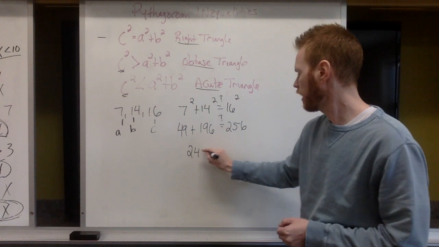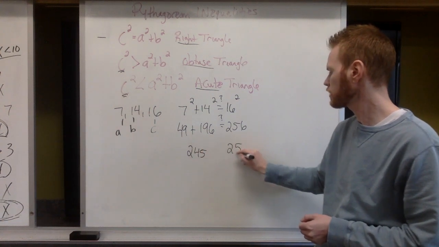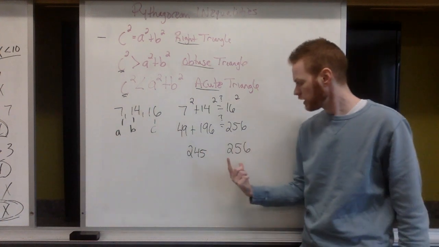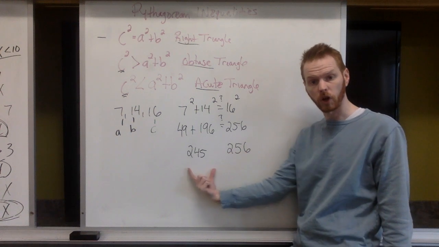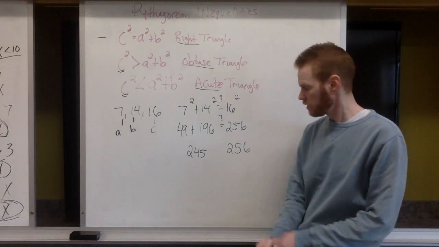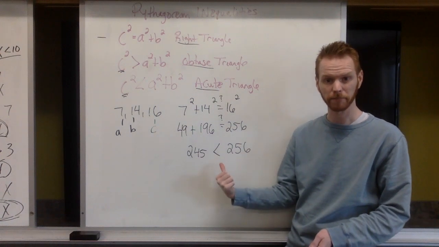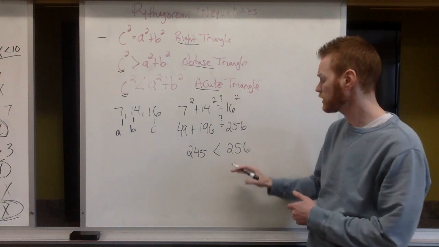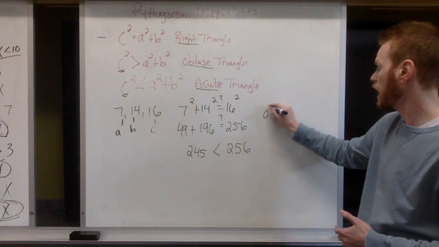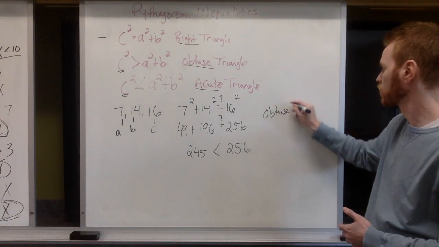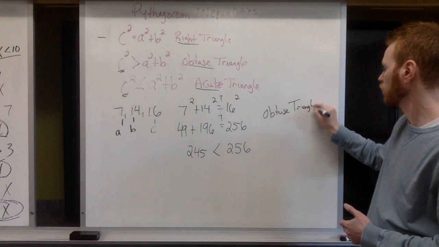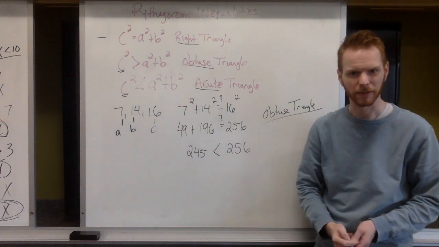We get 245. Then we'll bring the 256 down. Okay, notice the hypotenuse is larger than this guy. Make sure I use the proper symbol. So that's greater than, right? So that means because the hypotenuse is bigger, this is an obtuse triangle, okay?